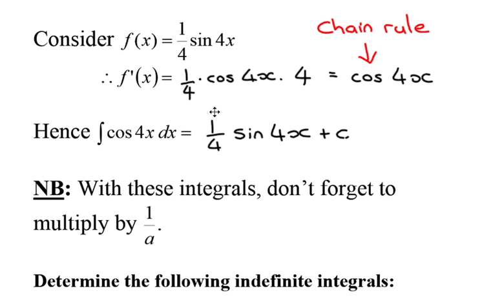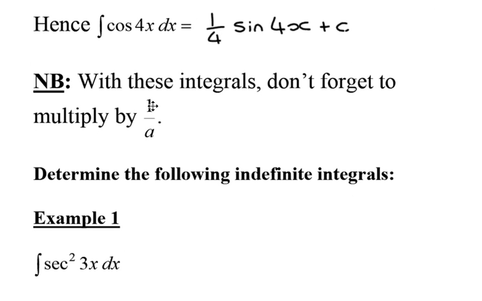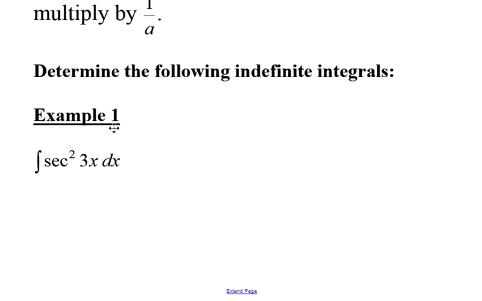So if I've got a trig function that is in fact a composite function, and the inner function is linear, I integrate that function and also multiply by 1 over 4, to get rid of the derivative of the inner function. So it's very important with these integrals, don't forget to multiply by 1 over whatever the coefficient of x is, 1 over a. So let's have a look at an example.